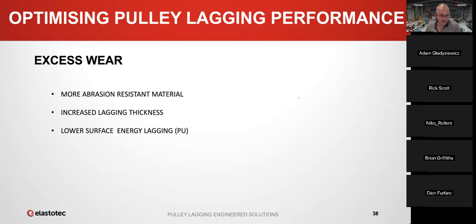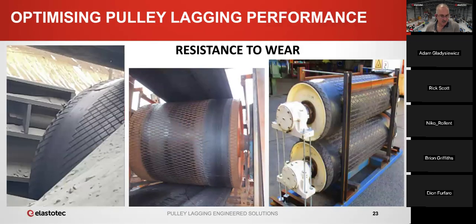So in those photos that we looked at earlier on, just trying to go back and find those. So these pulleys here, the one on the left and the one on the right, they were on a turnover conveyor.